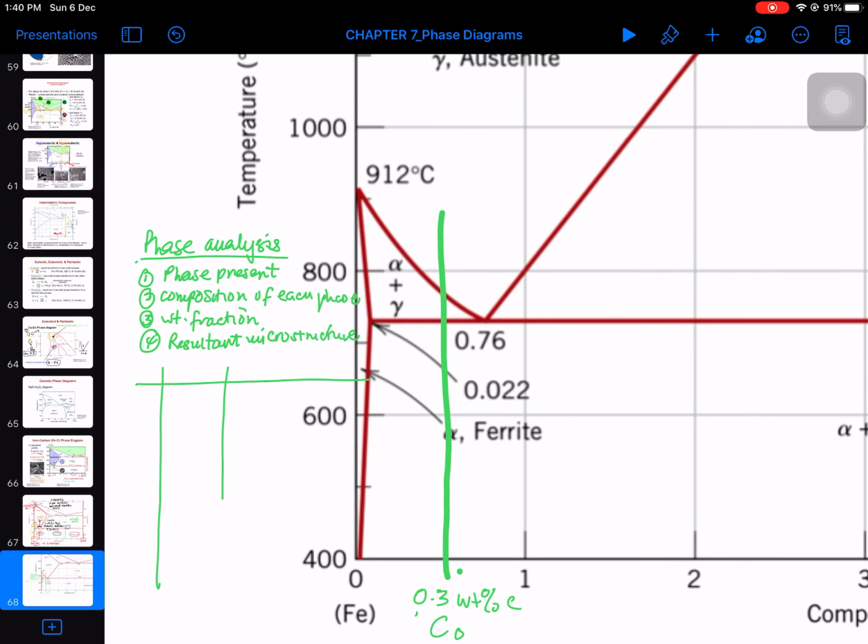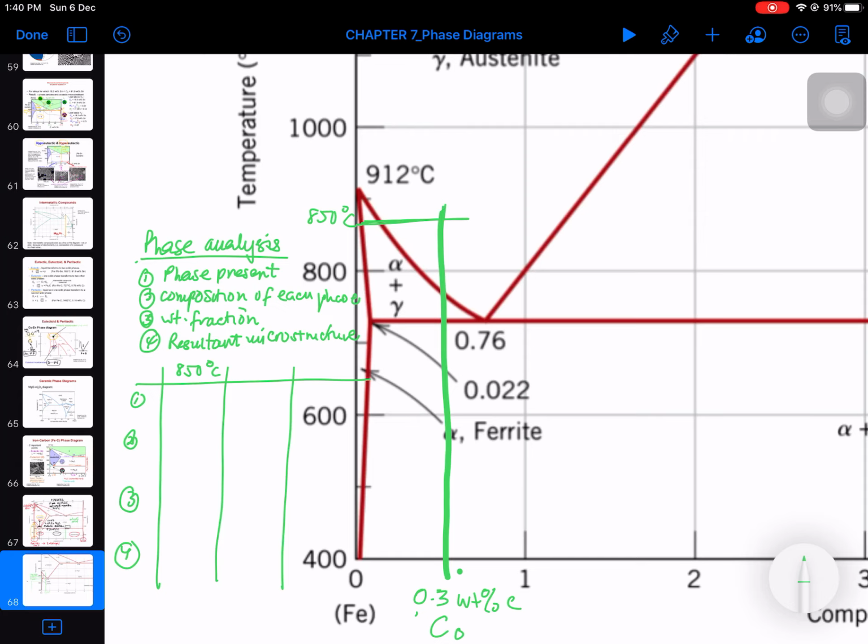Let's say we're going to look at it at various temperatures, items 1, 2, 3, 4. Let's say the first temperature is 850 degrees centigrade. The first thing you have to do is draw the temperature line that intercepts with your composition line.